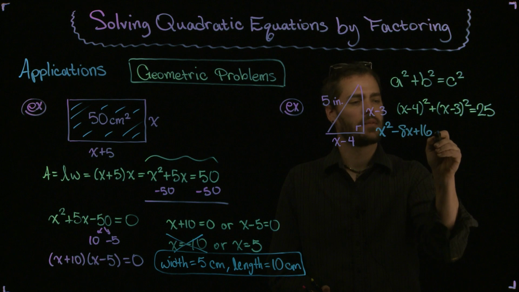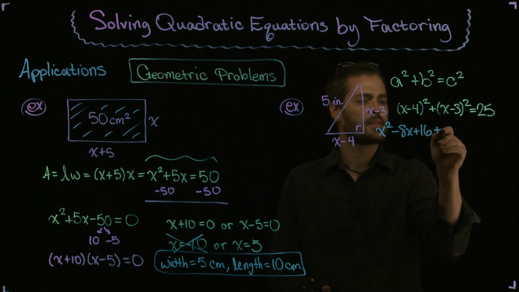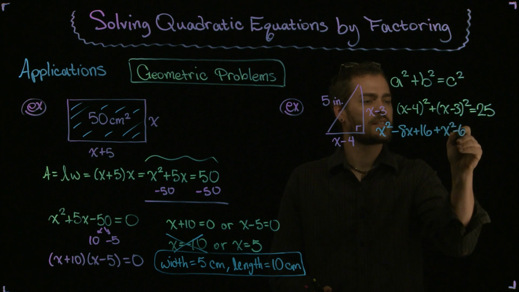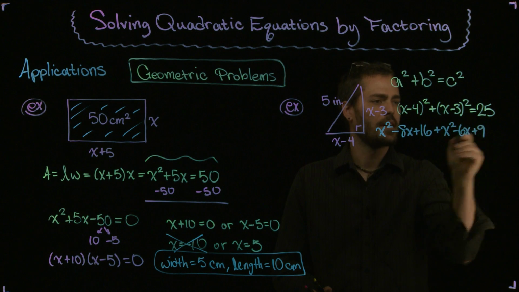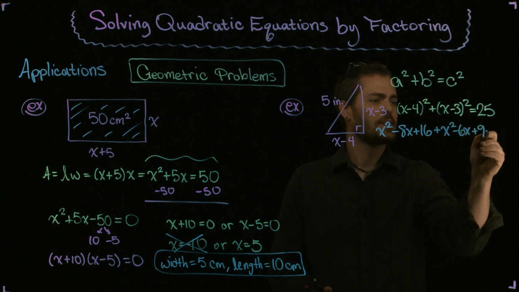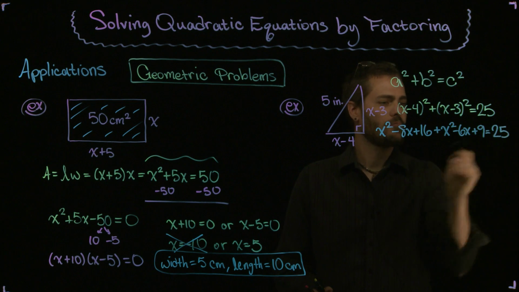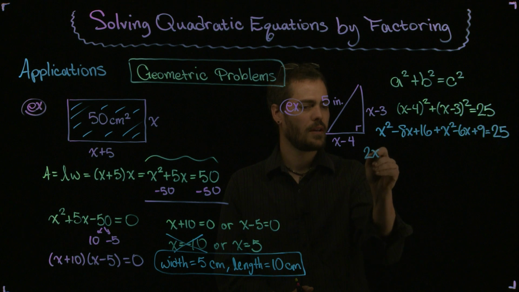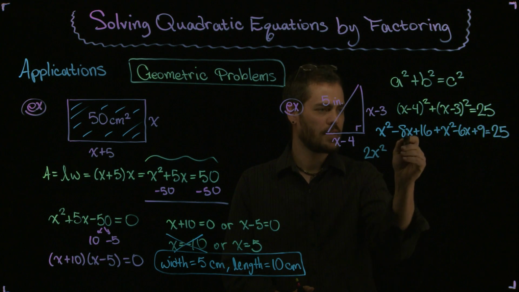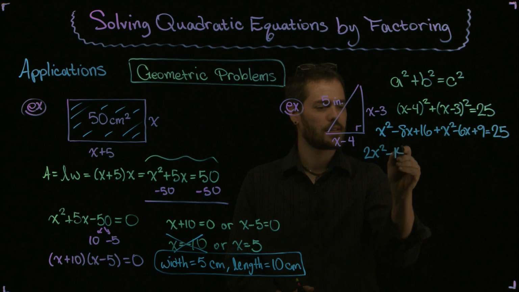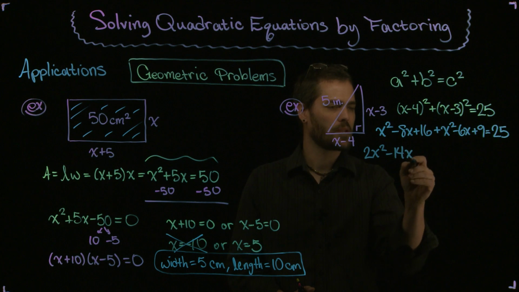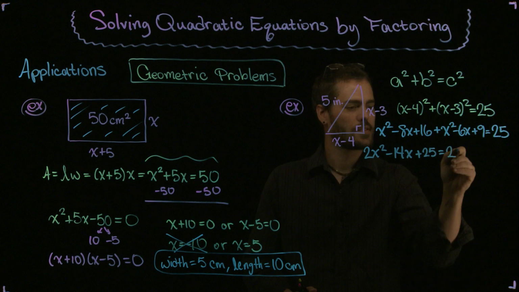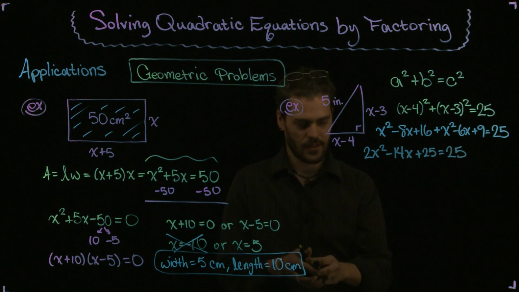The next one becomes plus x squared minus 6x plus 9. Okay, and all that is still equal to 25. Now I'm going to combine like terms. This gives me 2x squared. Negative 8x minus 6x is minus 14x. 16 plus 9 is plus 25. Still equal to 25 over here.